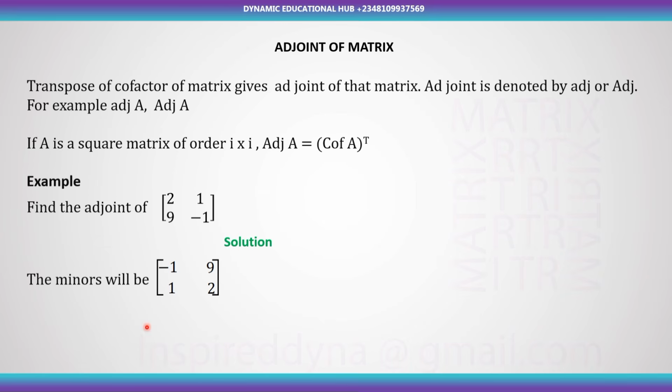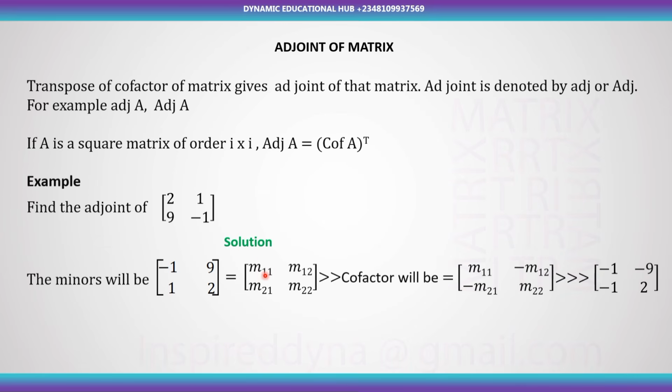The next thing is to find the cofactor. To find the cofactor, consider the positional sign. For this 2 by 2, you have this. So just put the sign there. Instead of having 1, you are going to have minus 1. Instead of having 9, you are going to have minus 9.